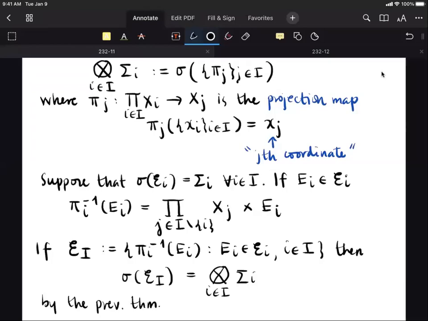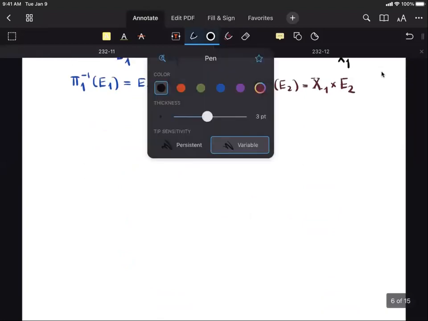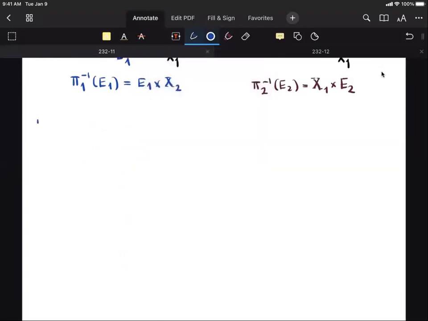So this is for an arbitrary Cartesian product. Let us now concentrate on the finite case. This will be the content of our next theorem.